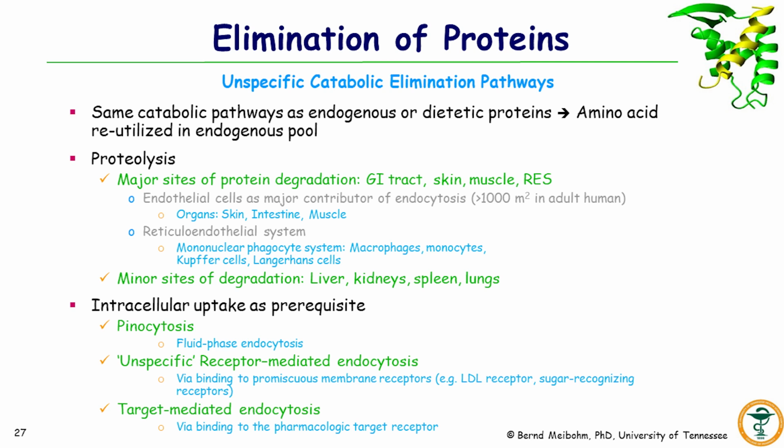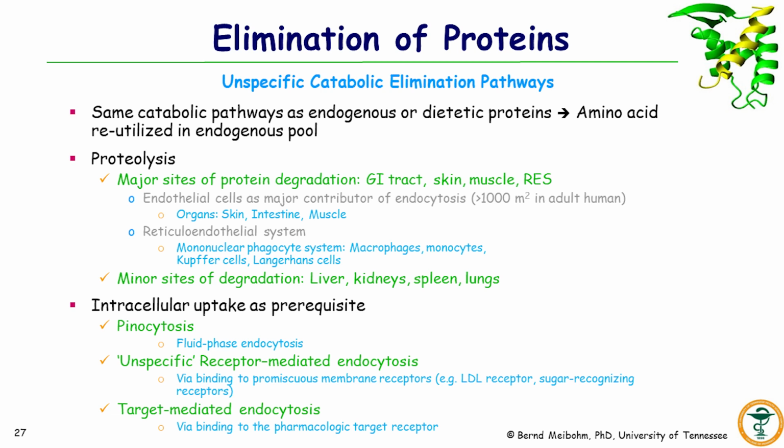In addition to that, the reticuloendothelial system, so mononuclear phagocytic cells like macrophages, monocytes, Kupffer cells, Langerhans cells, and others, are a major contributor to protein degradation by taking up therapeutic proteins, again, through vesicles into these cells, and ultimately the processing of these vesicles to degrade the therapeutic proteins that are included in them.